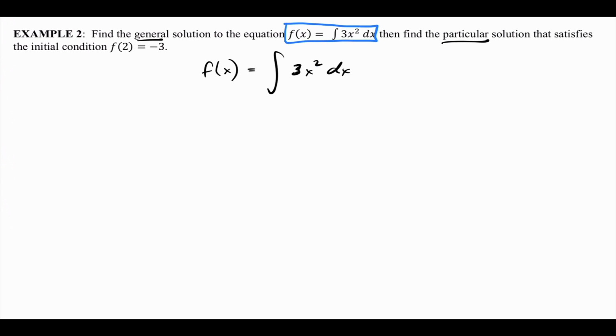I don't see any y's. F of x is y, yeah. F of x is y. So this one, they kind of started ahead of us because they're already doing antiderivative of one side. Well, we have to do antiderivative of the other side too.